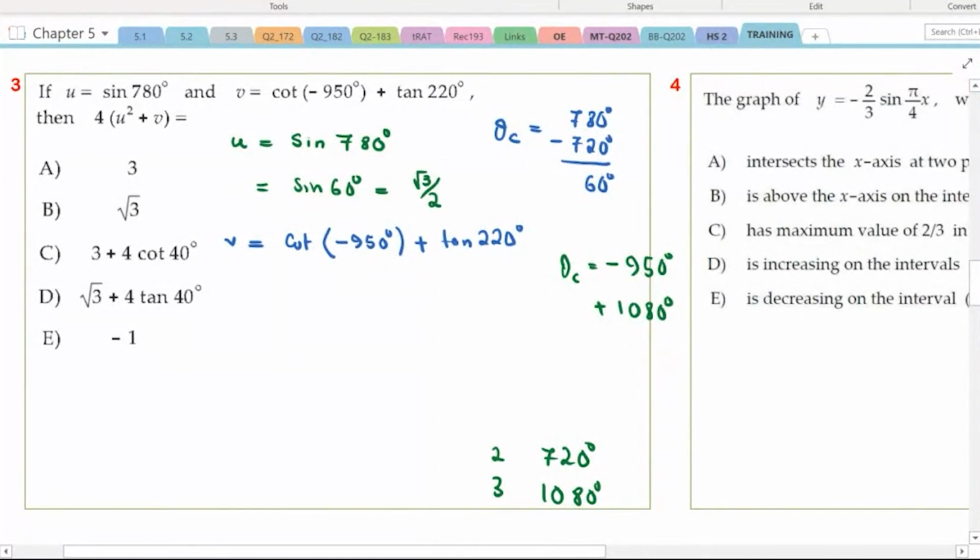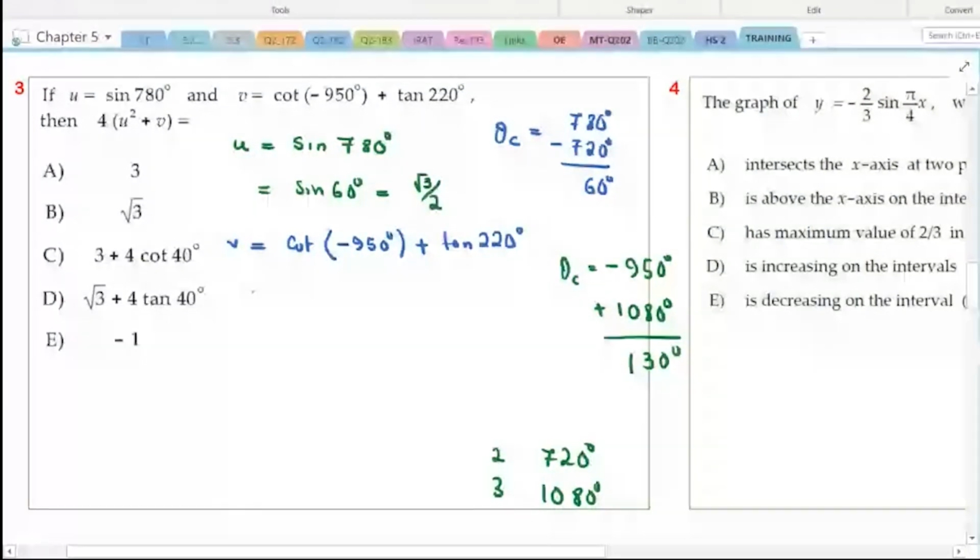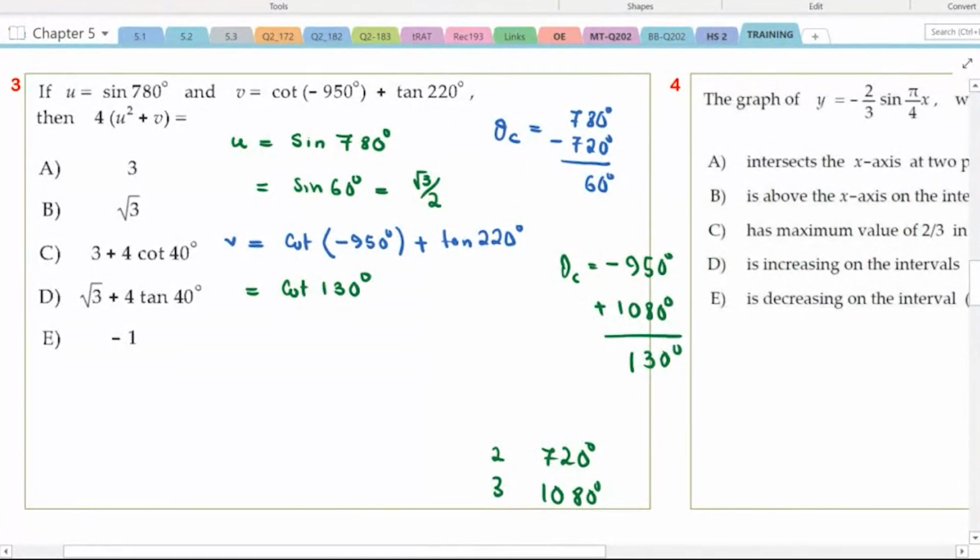Why? Because the coterminal angle we are looking for is positive, not a negative coterminal angle. So what will be the answer? This is going to give us 130 degrees. So we can say this will be equal to cotangent of 130 degrees. The first part is complete.